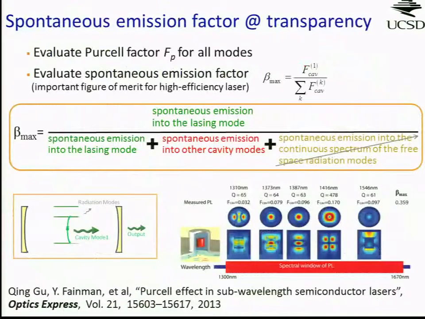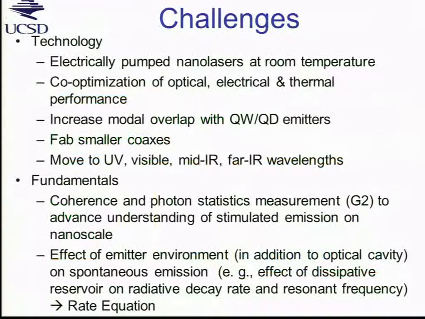However, revisiting this equation we discussed earlier, we looked at our designs more closely in the light of the new approach to describe the Purcell factor, and we found that by careful design, you can increase the beta to around 0.359. So that's good news, and we are still working on some more optimized designs that we can get beta close to 1.